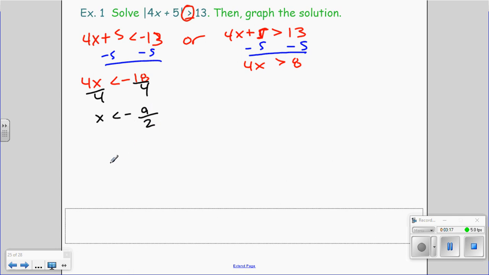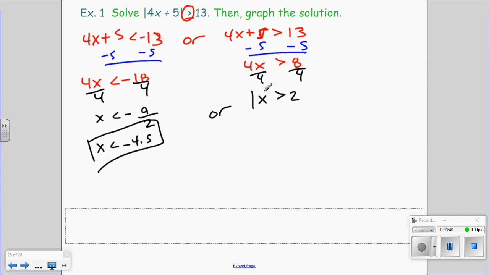So 9 halves, which is the same thing as negative 4.5. On the right, if I divide both sides by 4, 4 does go into 8 evenly 2 times. So the solution is x is less than negative 4.5 or x is greater than 2.